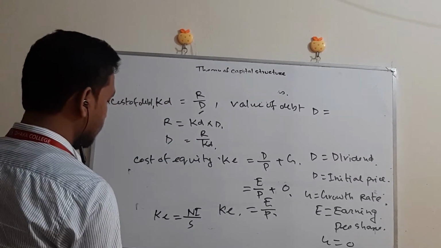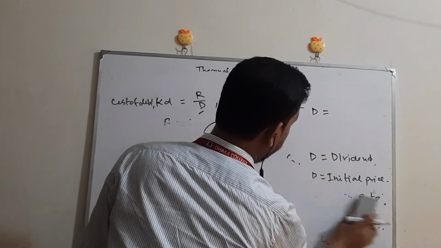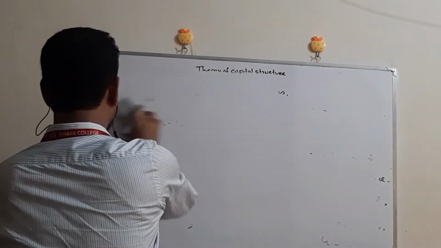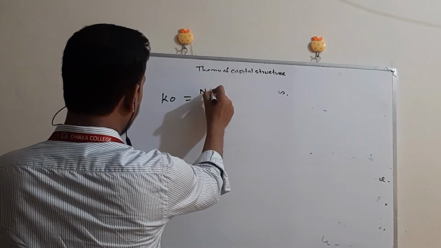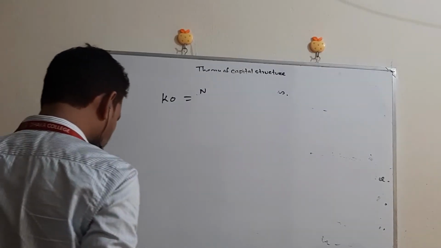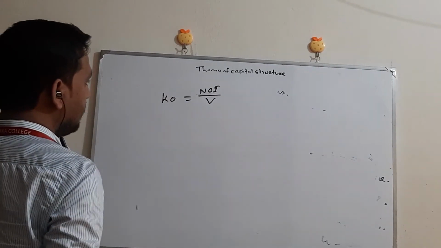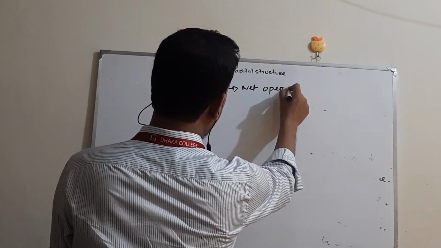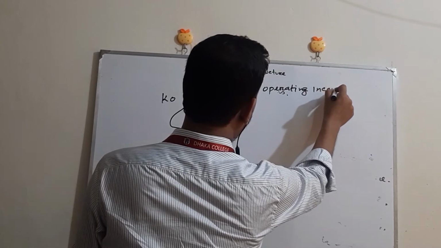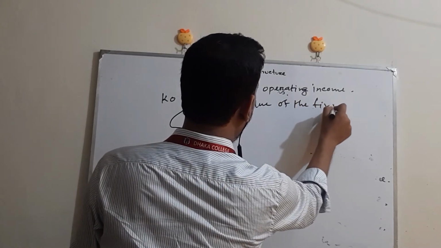So we already learned KD and KE. Here the overall cost of capital, KO, equals NOI by V. We already learned NOI, net operating income, and V, the value of the firm.